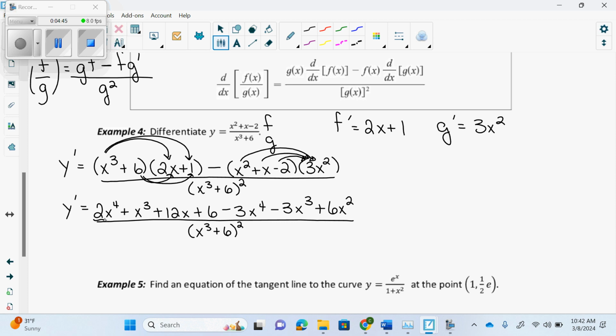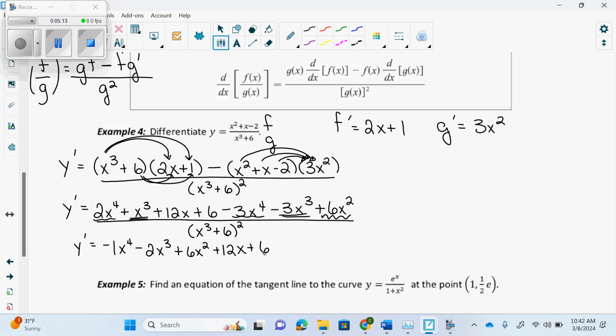So we get 2x to the 4 minus 3x to the 4 is negative 1, x to the 4. X cubed minus 3x cubed is negative 2x cubed. Plus 6x squared alone, plus 12x plus 6.